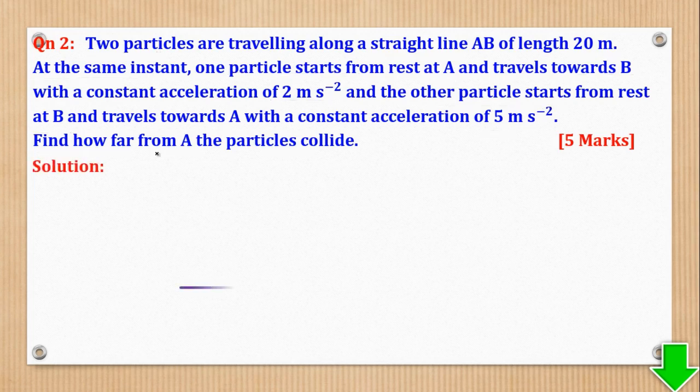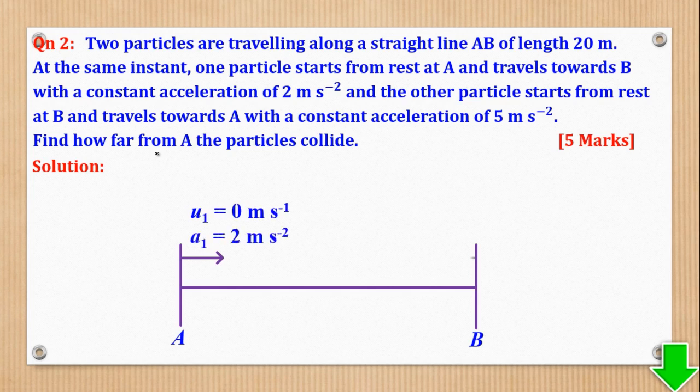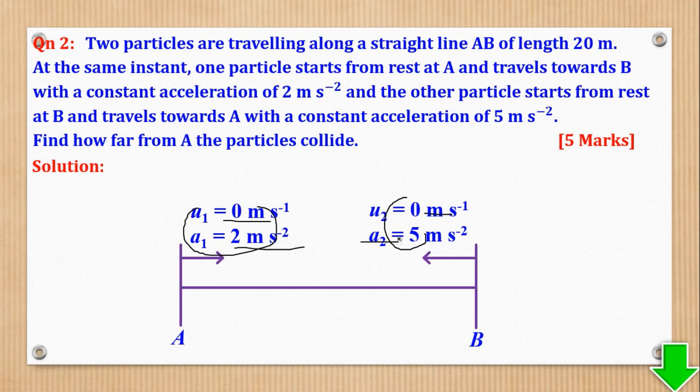Here we shall need a sketch for it to easily answer the question. Of course, the sketch may not carry a mark, but it is necessary. One is traveling from A, another is traveling from B, and they're moving towards each other. Initial velocity is 0 for both, but acceleration differs.